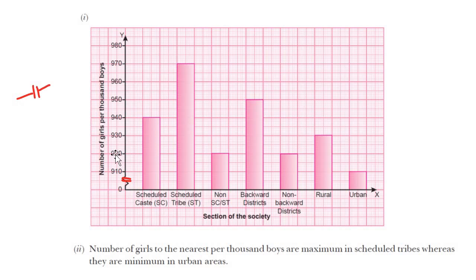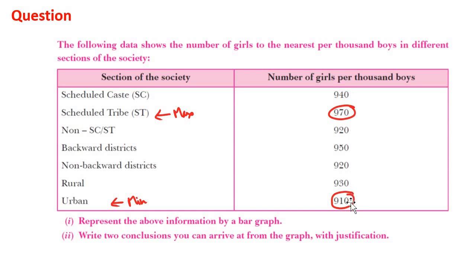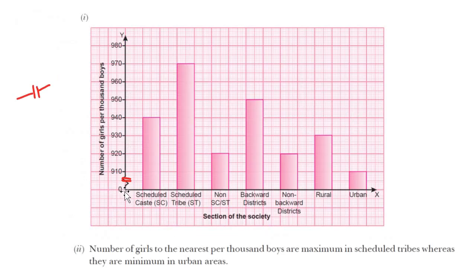And why are we doing this? You see the data. The data starts from 910 to 970. So what is the point in starting from 0 and writing everything up to 910? So we don't do that. Okay, we just write 0, then do a line break, and then we start from 910, 920 and so on up to a little above 970, which is 980.